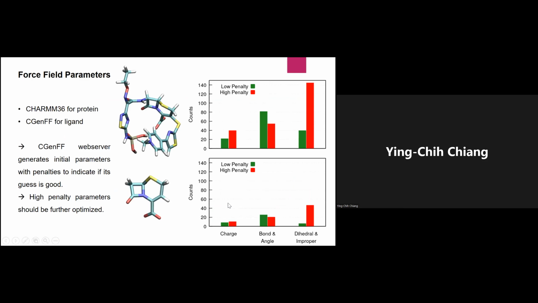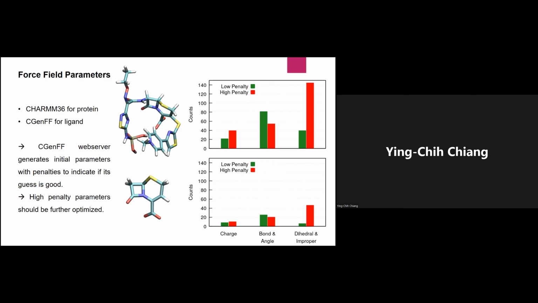We tried MD simulations, first with the CHARMM36 force field for protein, and then the ligand force field, CGenFF, the CHARMM General Force Field that goes together with CHARMM36. The idea is that we start by using the CGenFF web server, uploading the ligand PDB, getting the parameters, and then using them for simulation.